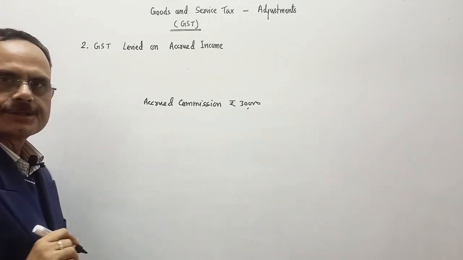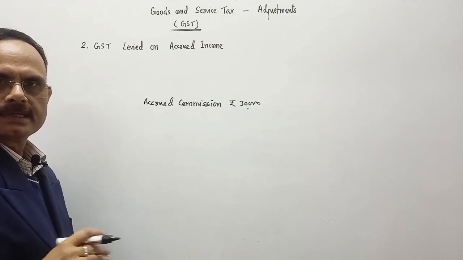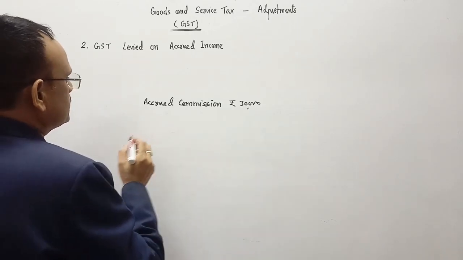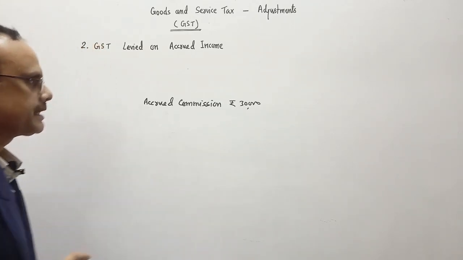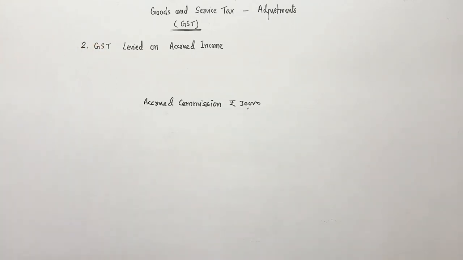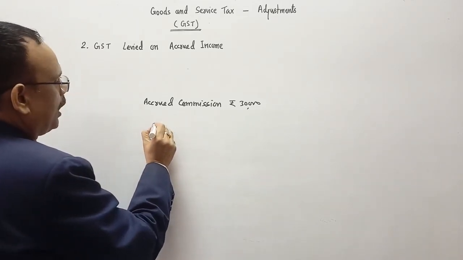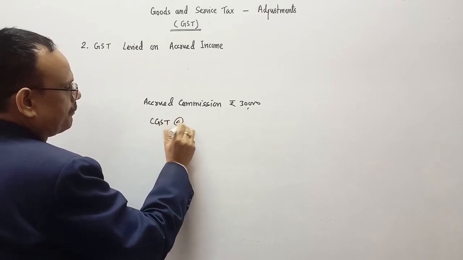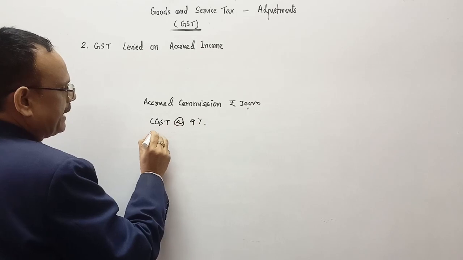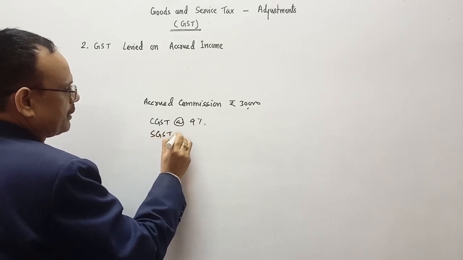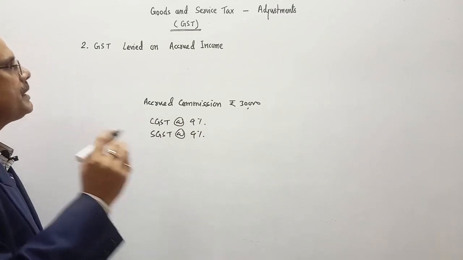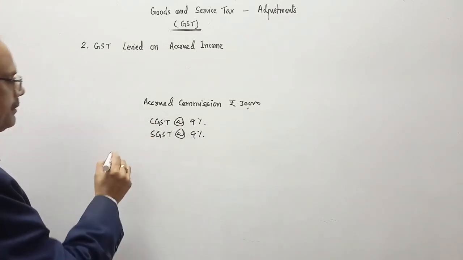CGST and SGST are applicable at the rate of 9%. Okay. So output CGST is at the rate of 9%, and SGST is also at the same 9%. Then what will be the adjustment entry?